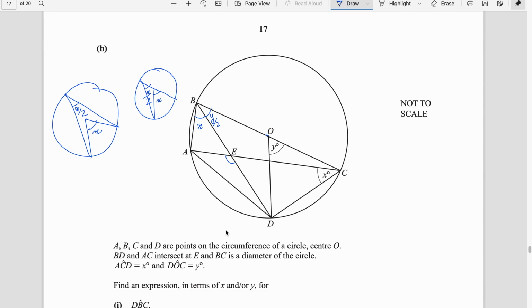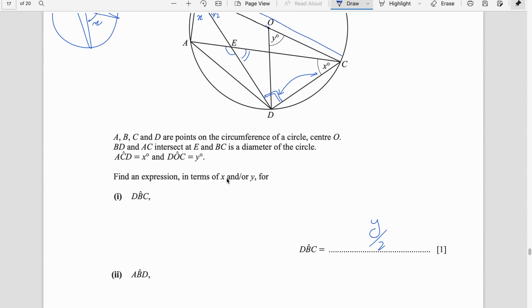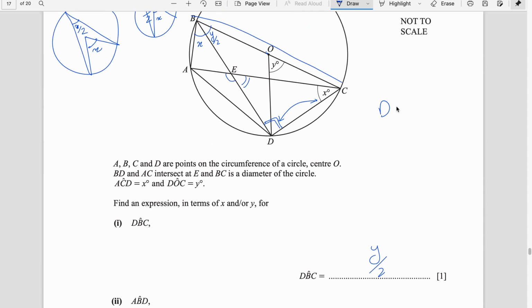Now this is unknown for AED. If we say that this is 90 degrees, because BC is the diameter, this is 90 degrees. So these two angles are basically 90 plus x. You take away these two angles to find this. So DEC, let me write it here.